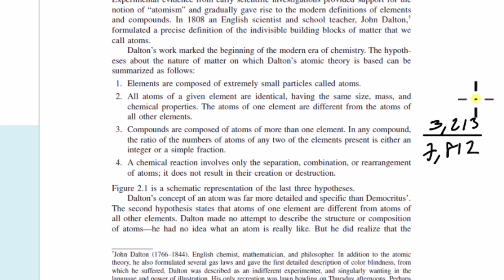Now, it's not like we know today that there are certain molecules that have thousands of carbon atoms and hydrogen atoms in the same chain. But in most cases, it really comes down to these simple fractions, right?